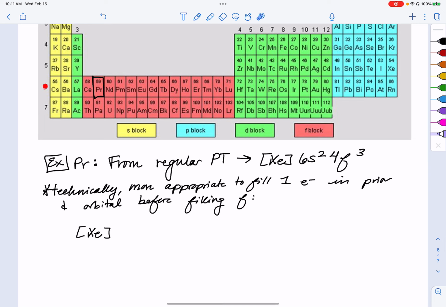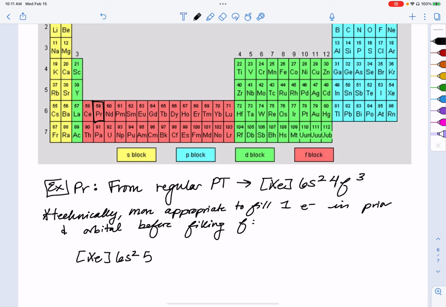Okay, after xenon, I am in 6, so 6s. But then notice when I hit lanthanum, I'm in my D block, and my D block starts in 3. So it would be 3, 4, 5, 5d1, and then remember my lanthanides and actinides, my F block, that's receded one further, right?